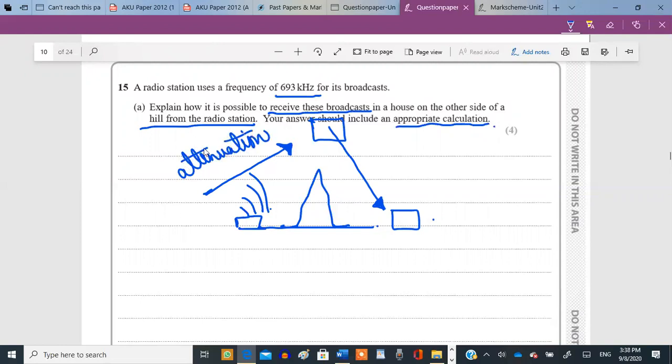Attenuation means they suffered lots of power losses, because as the radio waves were going up, they had to pass through several resistances, for example the clouds, and the distance that they traveled, due to which they had used up a lot of their energy when they reached the satellite over here. And this signal that goes to the satellite is called the uplink signal.